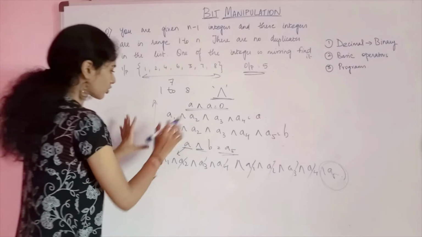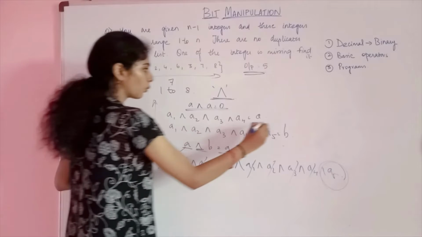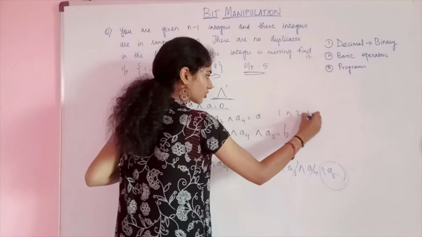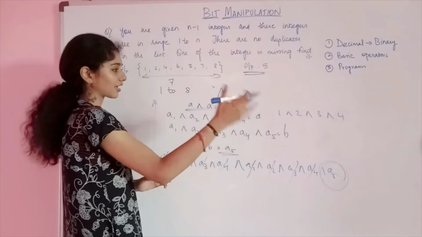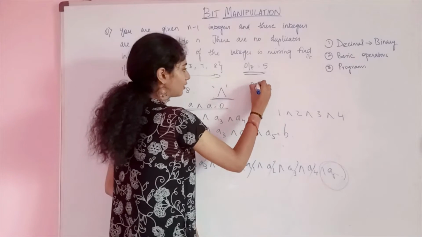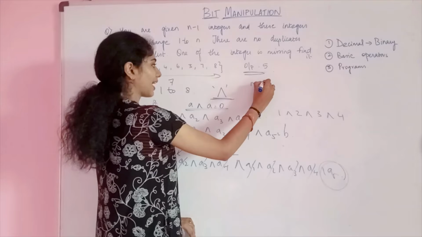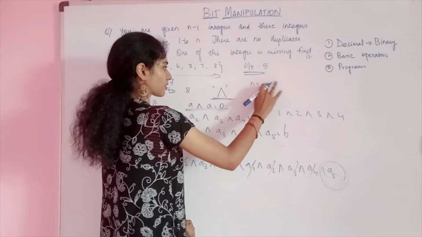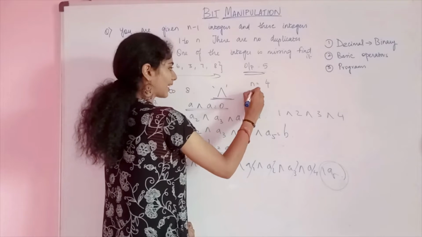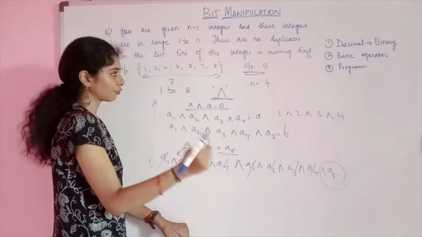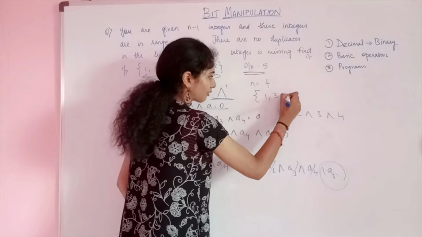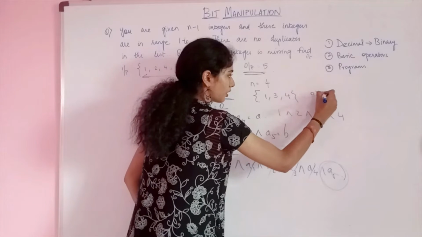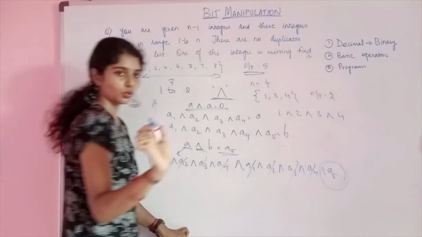So this is a concept we will be using to solve this question. Now let's consider 1 XOR 2 XOR 3 XOR 4. Suppose they have given me 4 numbers. I can have 1, 2, 3 and 4, but in my list I have only 1, 3 and 4. So what should my output be? My output shall be 2.